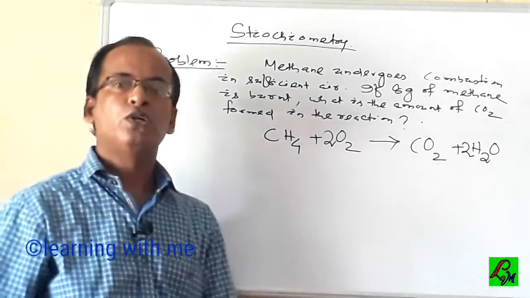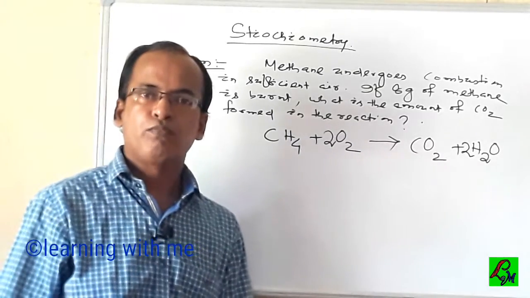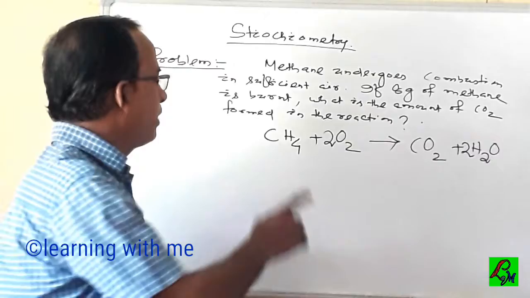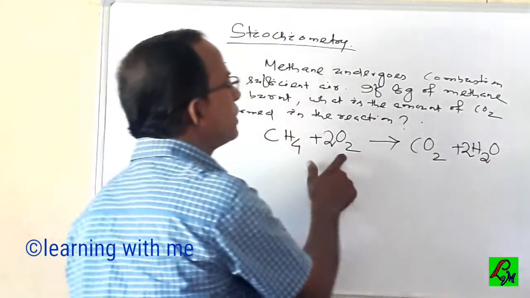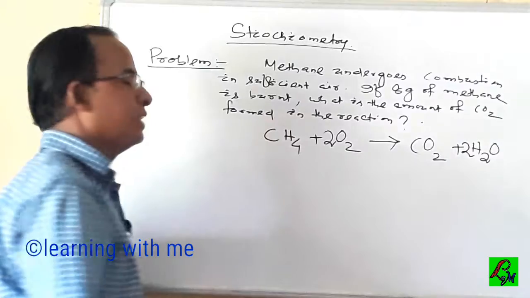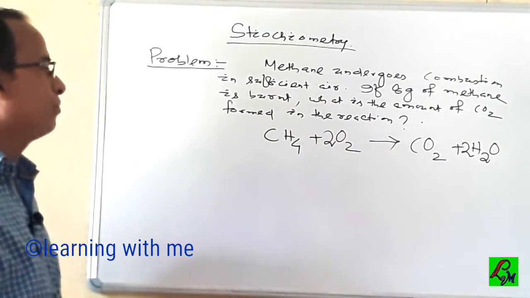So to solve a problem on stoichiometry, the first step is to balance the chemical equation. First, CH4 reacts with oxygen to produce carbon dioxide and water. Then we have to balance it: CH4 plus 2O2 gives CO2 plus 2H2O.